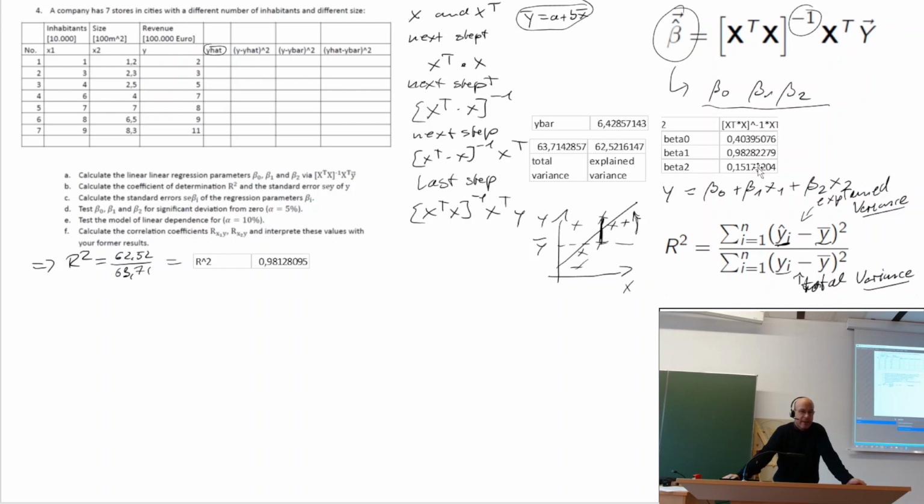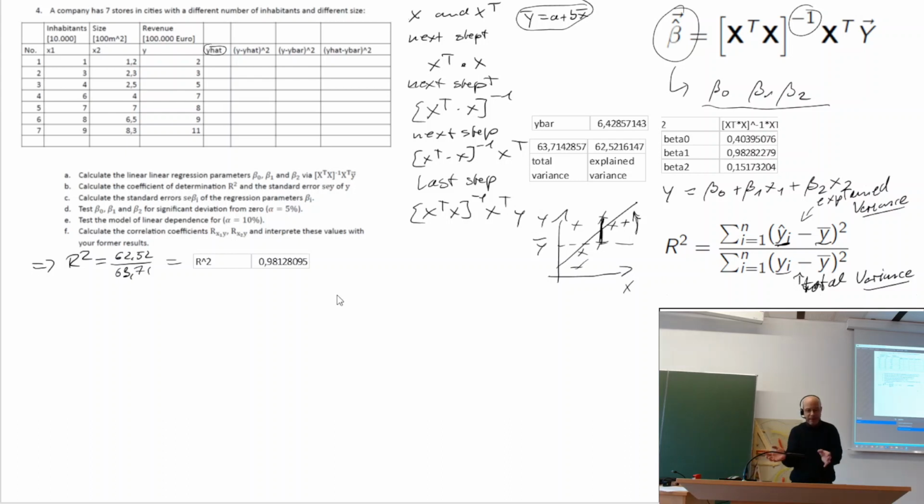Or that if I increase the size of my store by 10 square meters, then this would mean that my revenue increases by €1.50, since I have 0.15.